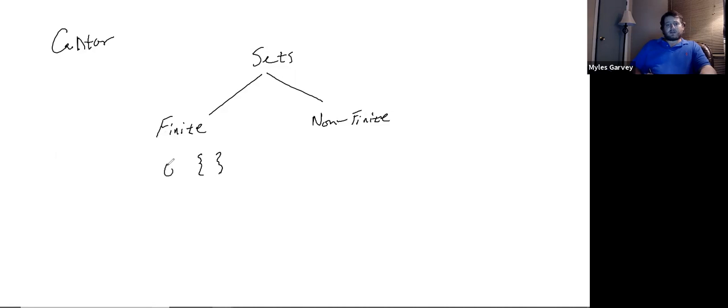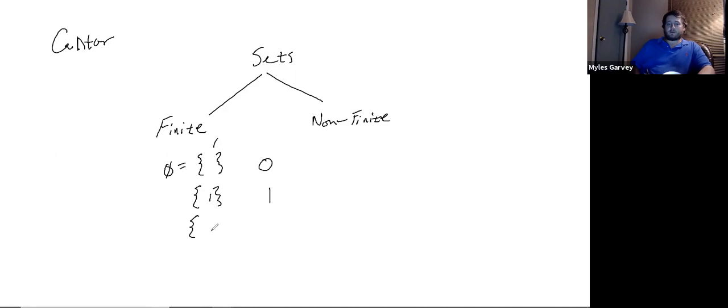If you remember, this set is denoted by this, and this is what we called the empty set. And given that there's nothing in the set, we can really just denote that as 0. On the other hand, if I have this set, how many elements are in here? Well, obviously there's 1.